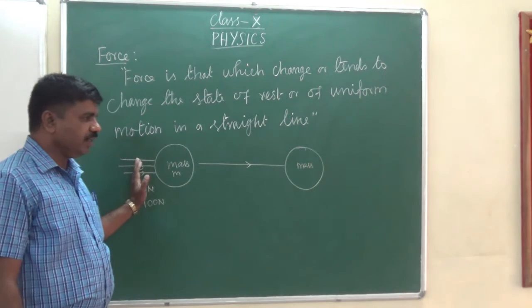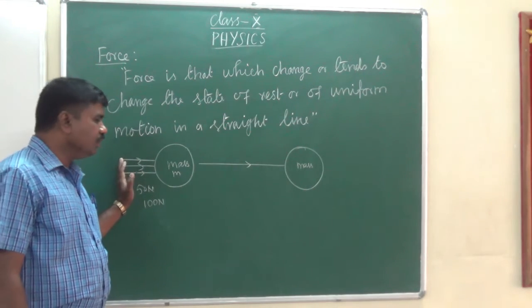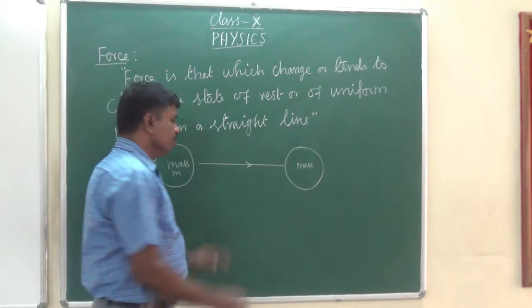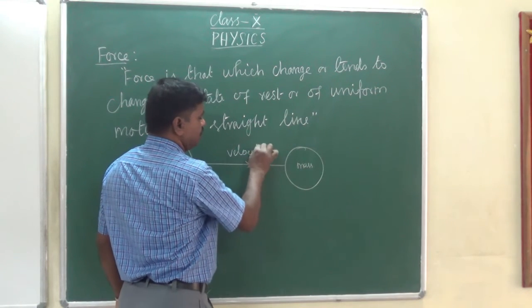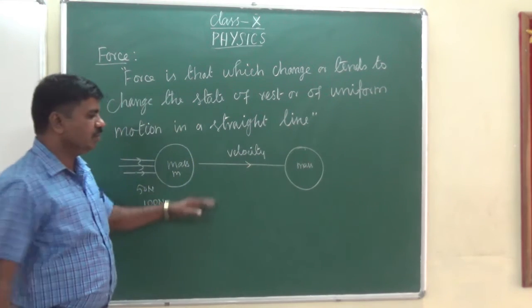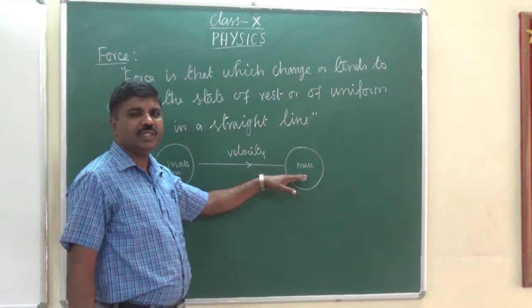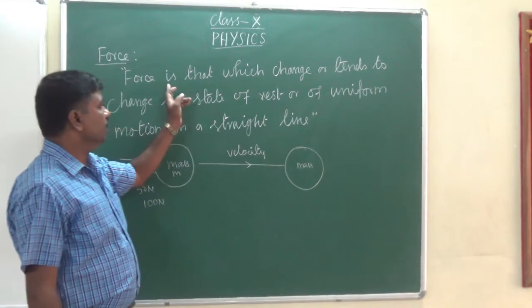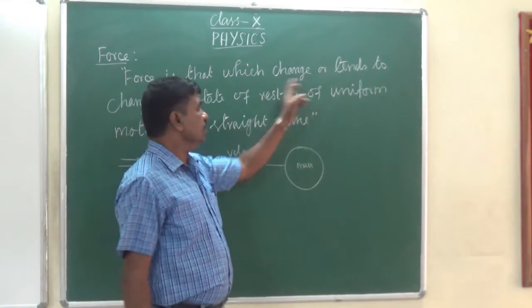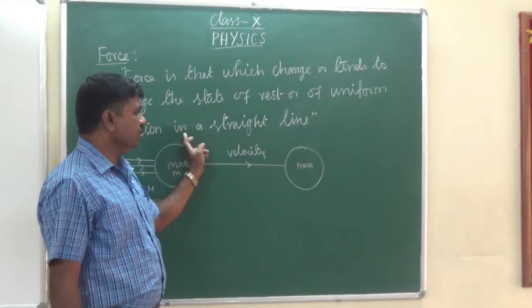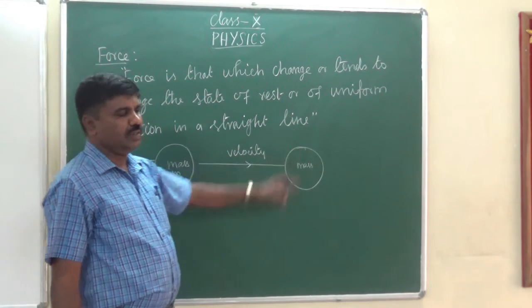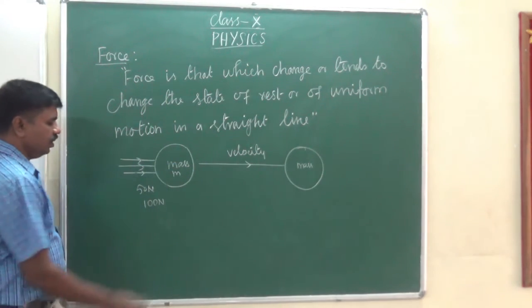According to the amount of force we are applying, it moves with some velocity to change its position from one place to another. That is the force that will change or tends to change the state of rest or of uniform motion in a straight line. So what is the unit of force?